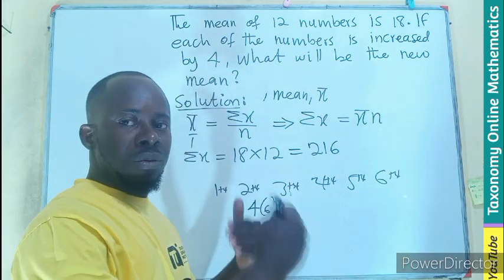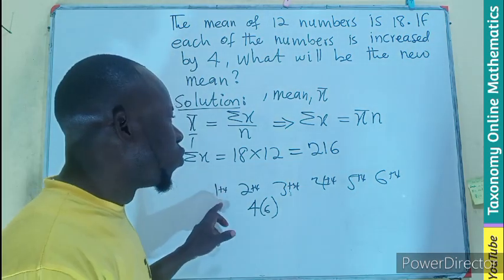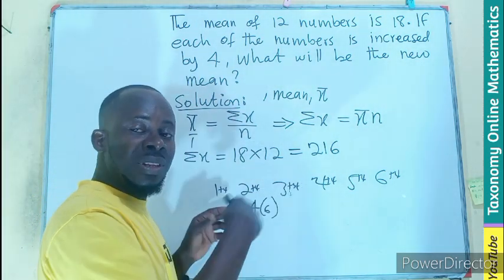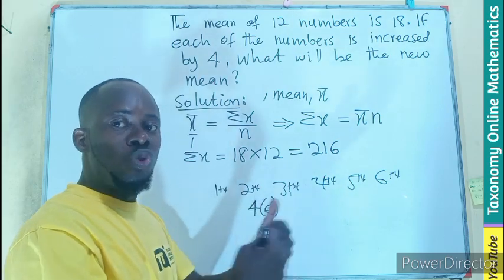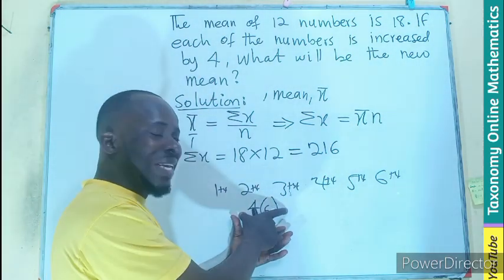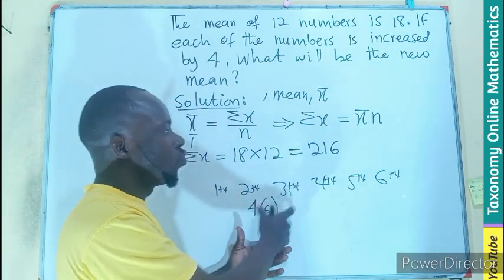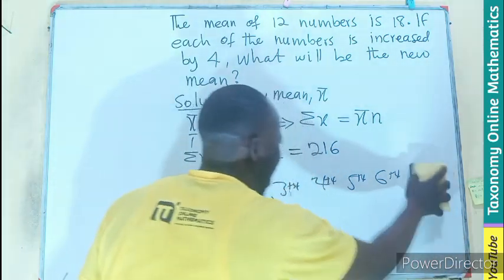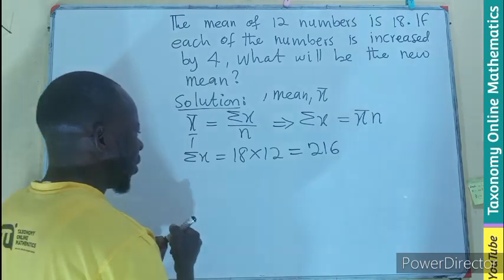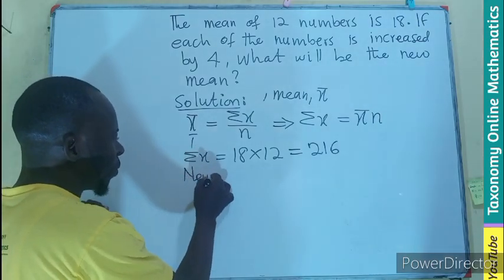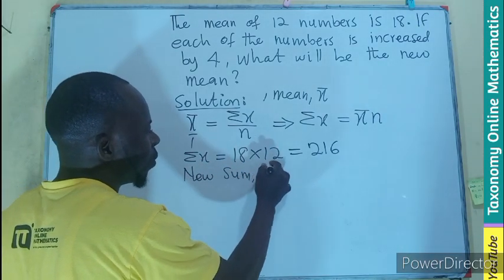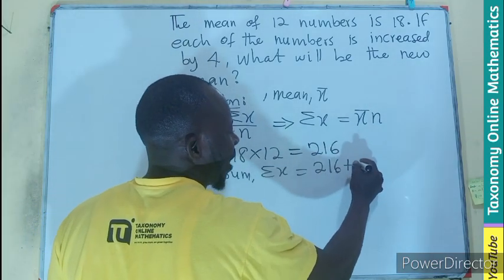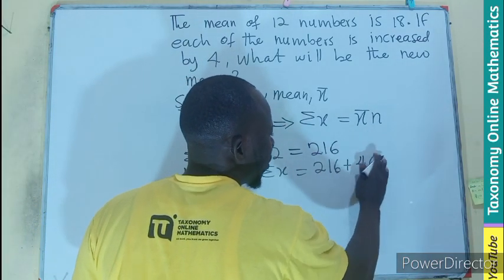So instead of writing all the numbers, because we don't know the 12 numbers, we just assume that we are going to add this 4 to this sum. So the new sum is going to be 216 plus 4 times what? 12.